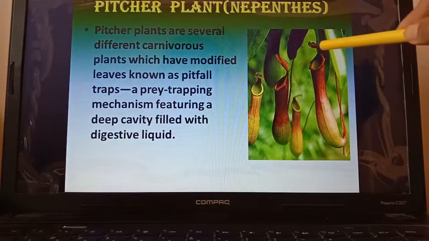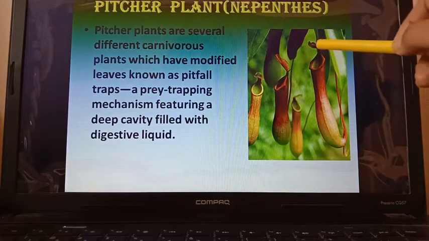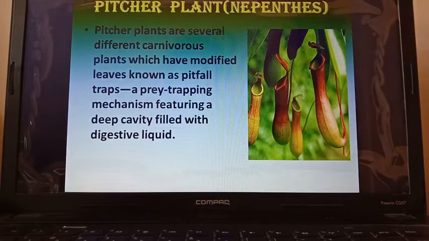The mouth of this pitcher is very slippery. So when the insects sit at the edges of this mouth, they can easily slip into the depth of this pitcher where the digestive enzymes are situated, by which the insect's body can be digested and the nutrients are available to the plant.